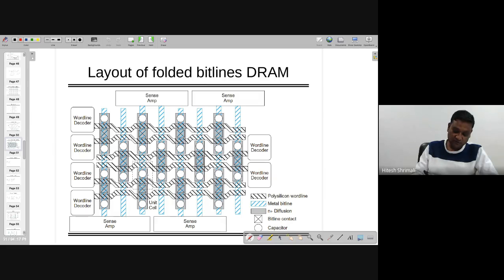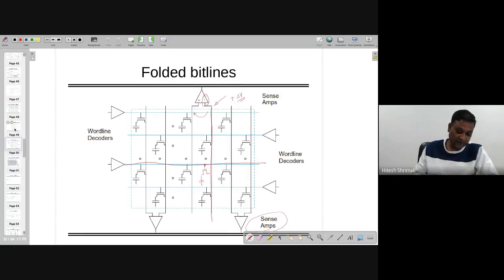So like the unit cell is shown over here. This square box is a unit cell, and you can program it and you can see the output at the output of the sense amplifier. Okay, and of course you need a word line decoder and, on the other side, a column decoder, right?